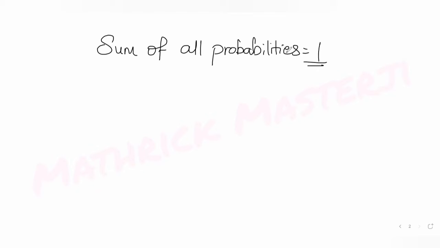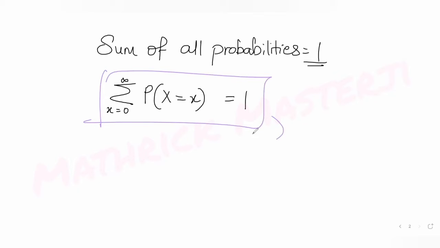So using that idea, the sum over x from 0 till infinity of P(X = x) is equal to 1. Let's find some of the probabilities first, and then we'll equate their sum with 1.